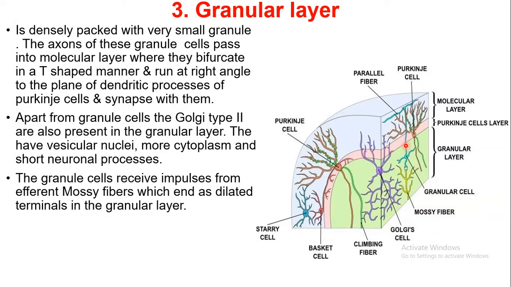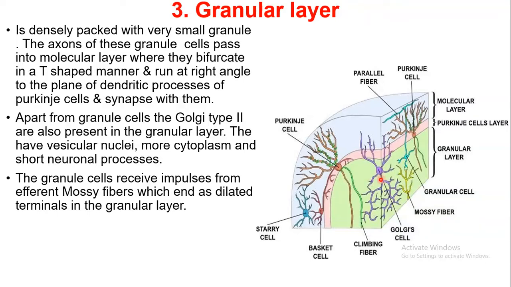The axon of the granule cells passes towards the molecular layer, and they divide in a T-shaped manner and run at right angles to the plane of the dendrites of these Purkinje cells, and also synapse with the dendrites of these Purkinje cells. Apart from the granule cells, this layer consists of the Golgi type 2 cells, which have small axons.